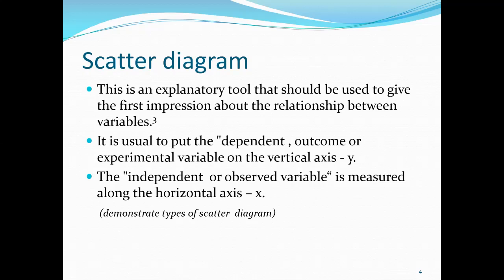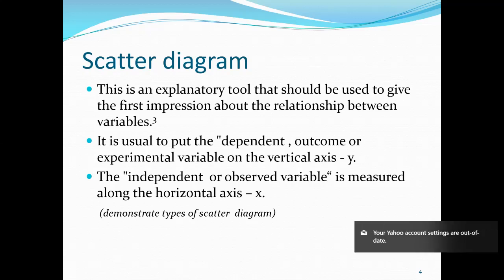So it is observed. So when talking about correlation, it is usual but not compulsory that on the vertical axis, we have the dependent variable y, and on the horizontal axis, we have the independent variable x. I said it is usual, but by the time we go on to regression, it is expected.